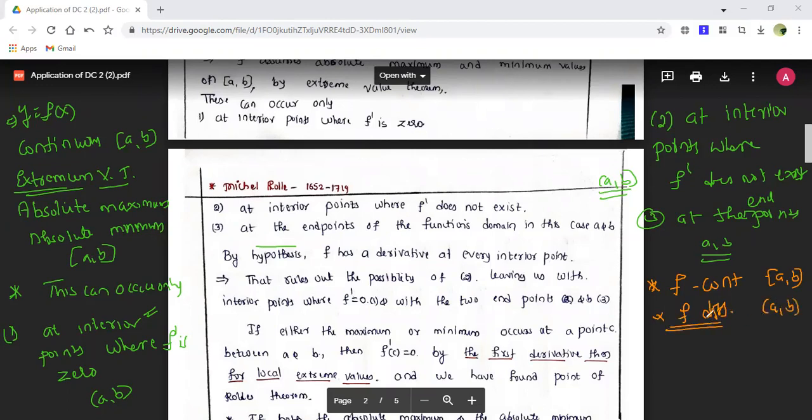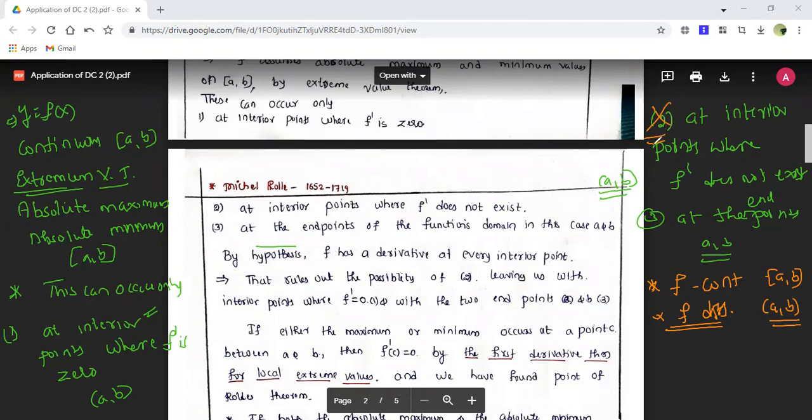When it says that it is differentiable in the open interval AB, it means f dash exists, the derivative exists. So by this hypothesis, we can clearly eliminate the second one, that is, f dash does not exist. According to our hypothesis, it exists. Therefore we can clearly eliminate the second part.